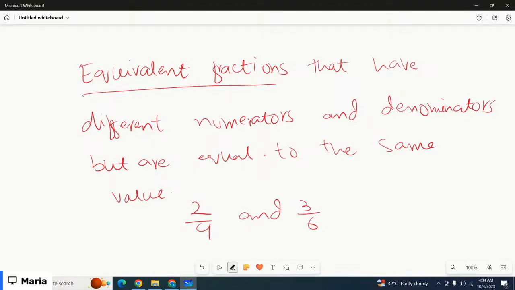When you simplify both the fractions, they both are equal to 1 over 2, right? That means they are both equivalent fractions.